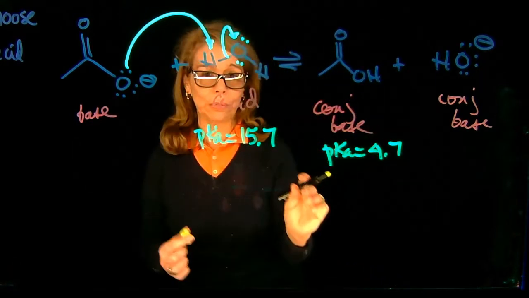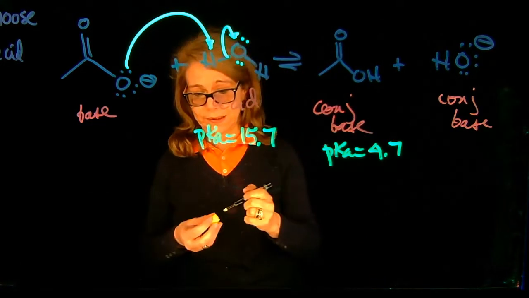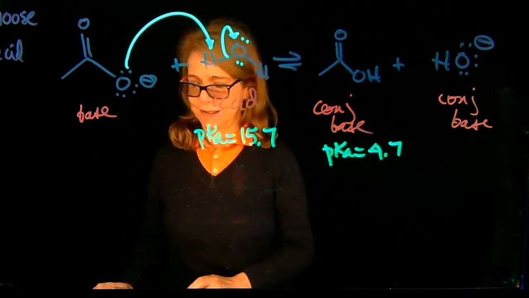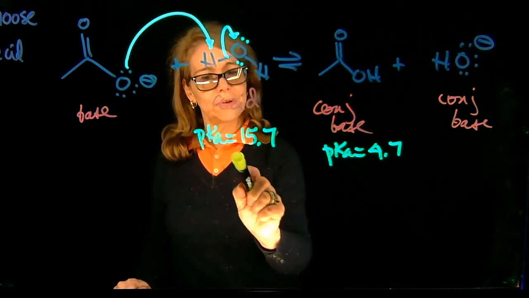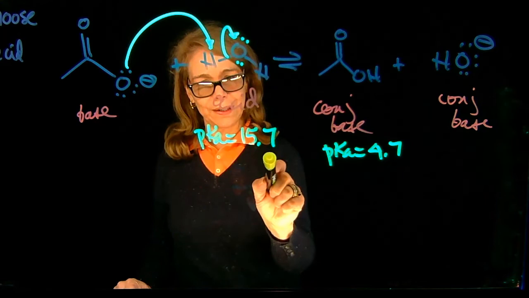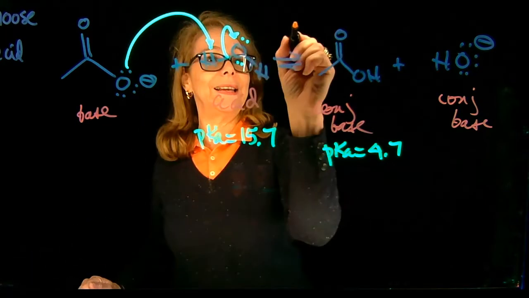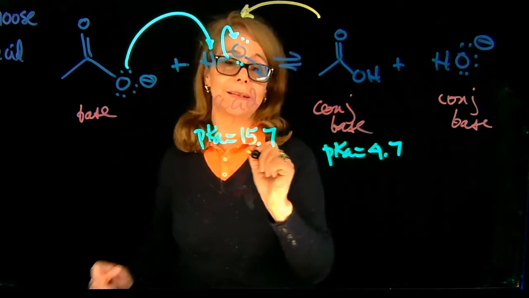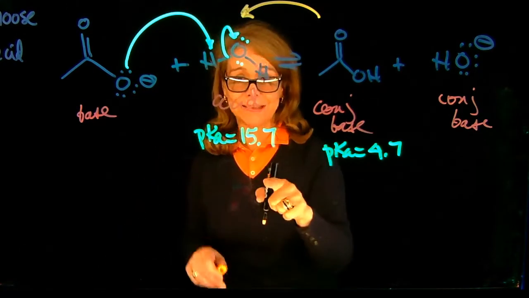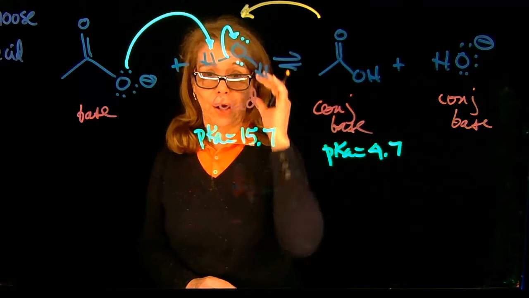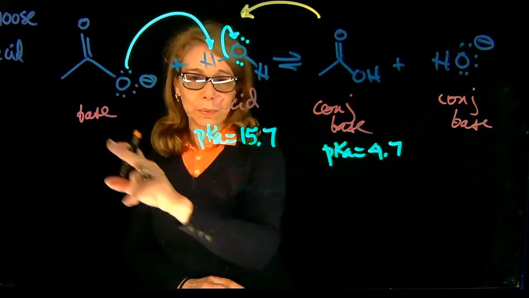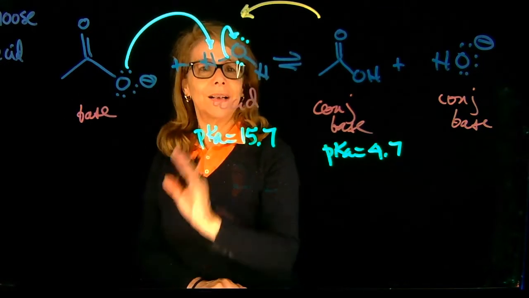And we know the equilibrium is going to be shifted towards the weaker acid and weaker base. As we see here, this is a larger pKa, so that's the weakest acid. That says the equilibrium is shifted to the reactant. So water as acid is not a good option to completely protonate acetate. So that's not going to work.